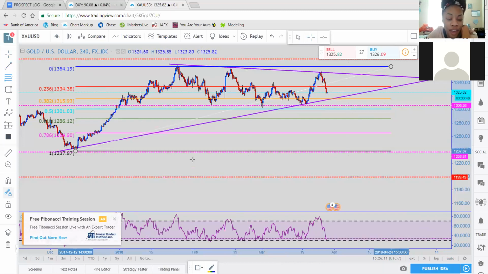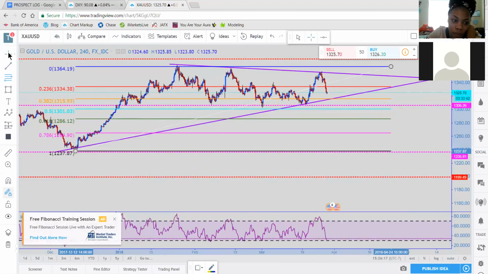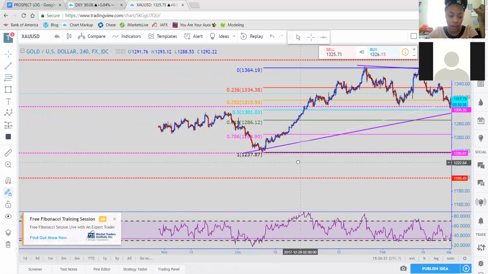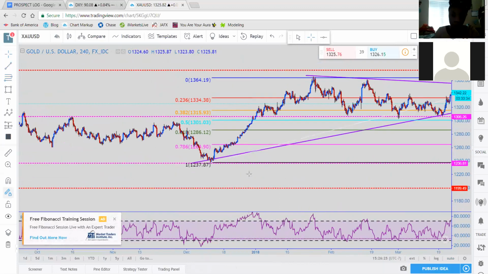An impulse is, number one, a directional move, either going up or down. Another characteristic of an impulse move is that impulse moves usually have bigger candles and shorter wicks.